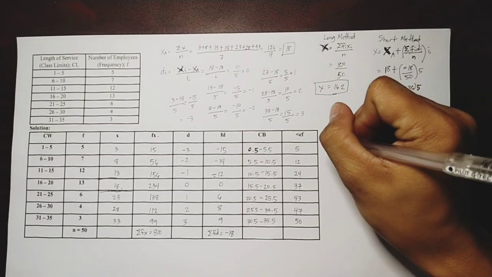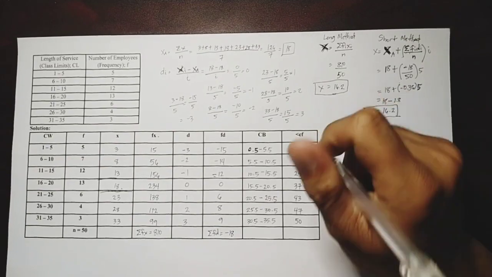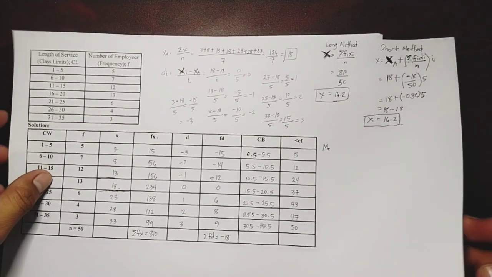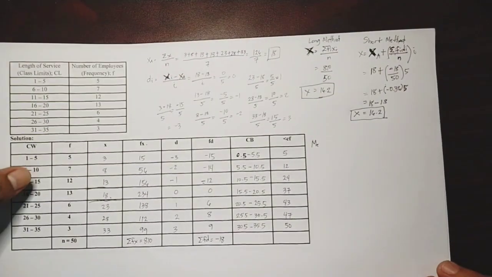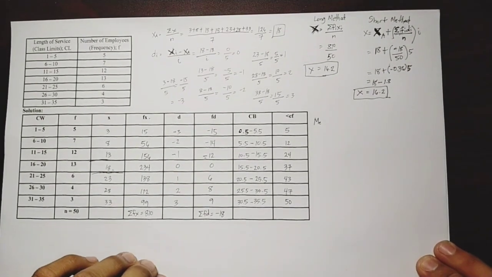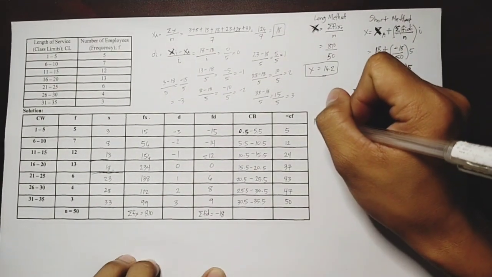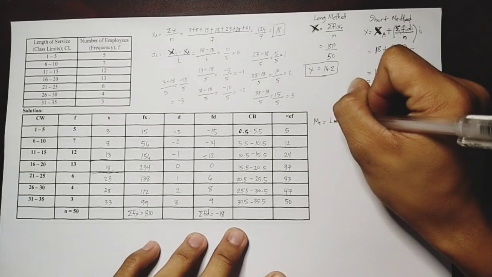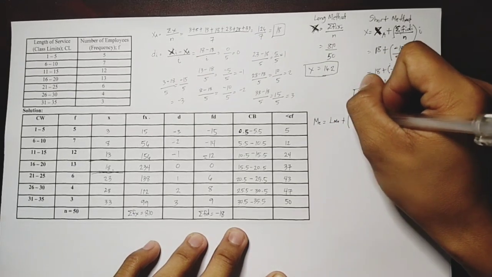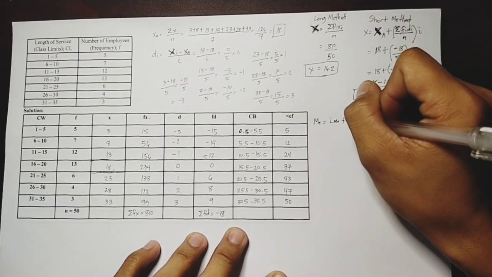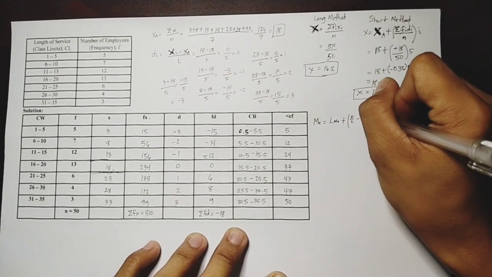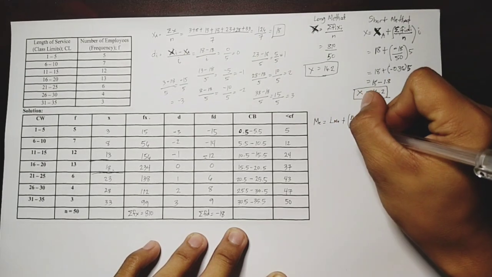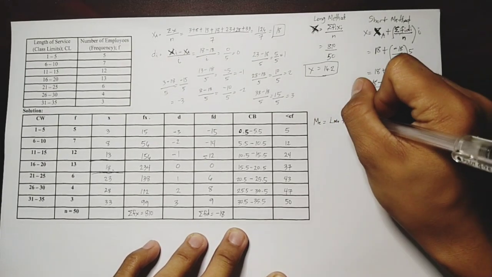Now, let's proceed to our median. Okay, dito naman, we have to compute our median class. Paano ba yung kinocompute na median class na yan? Paano ba kinocompute si median? So, again, our formula for median is equal to lower boundary of the median class plus n over 2 minus cumulative frequency before or preceding to our median class over frequency of the median class.